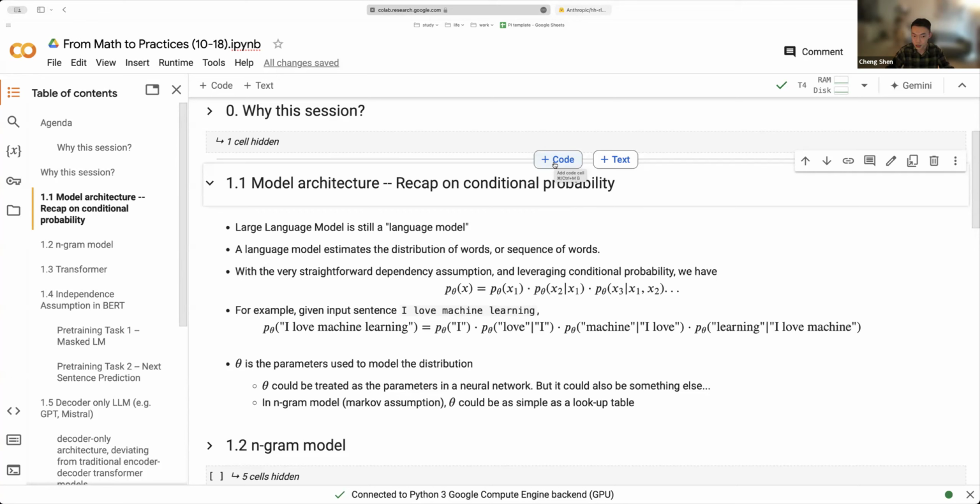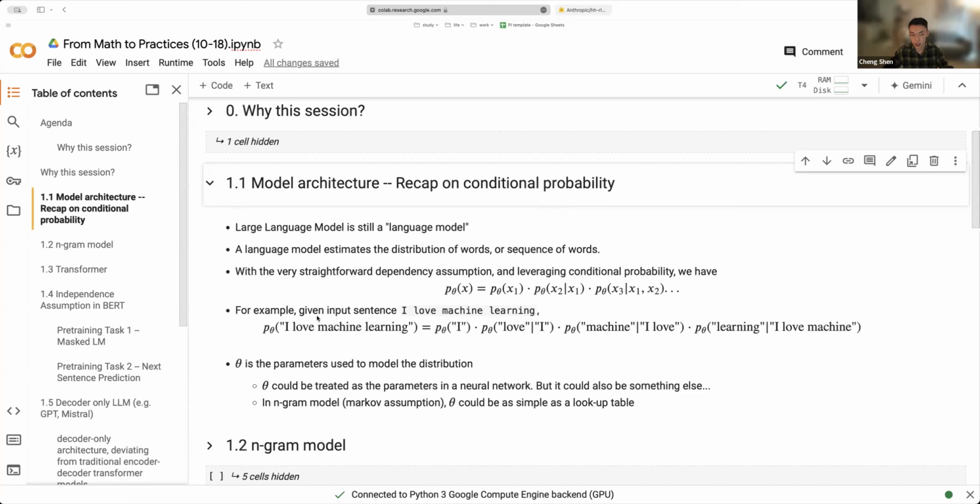In XCS 236, we also mentioned that all the generative models, whether it's language generation or image generation, down to the bottom are some sort of probability models that estimate the likelihood of a given sample. For language, we very naturally have this autoregressive nature, where every new token depends on the context of the previous tokens.